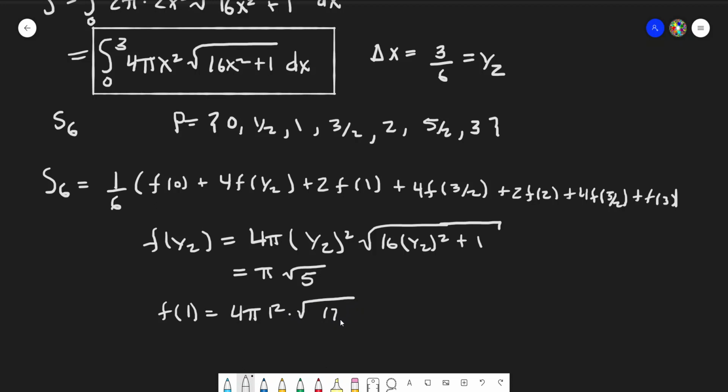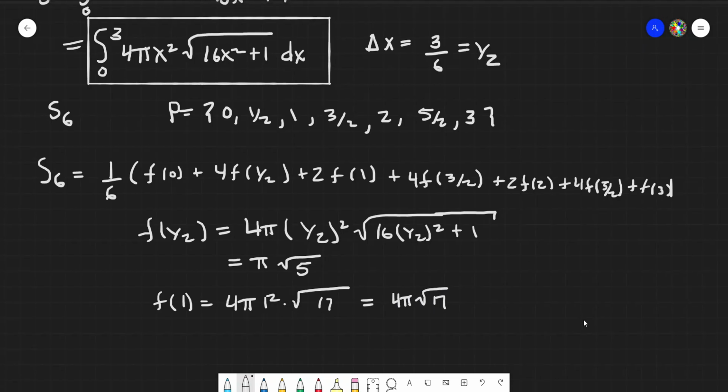But yes, that's actually going to be 4 pi times the square root of 17 in either case. Okay, and let's just try one more.